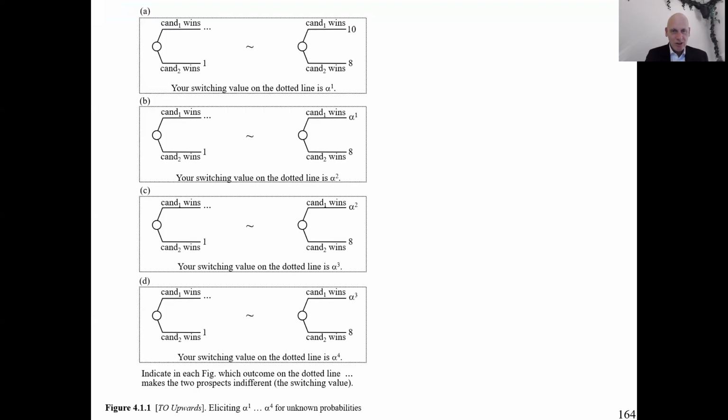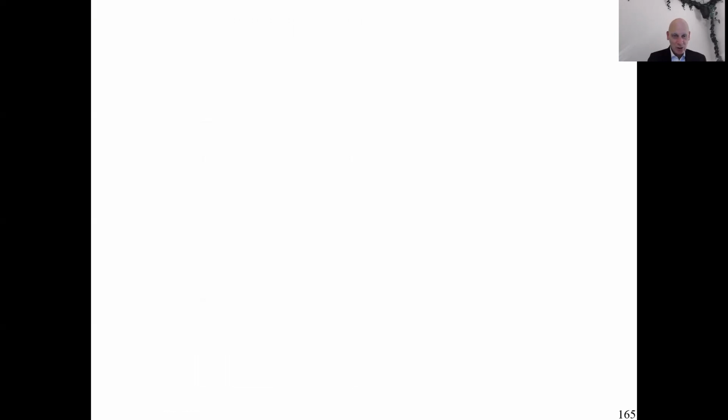So I'm going to remind you of the experiment. Here you see the measurement of the alpha, the first figure that you filled out. You had to find alpha 1 up to alpha 4, keeping you indifferent in all these panels. And there was candidate 1 and 2, one of the two was winning. You remember the situation. We're going to analyze it now using rank-dependent utility for uncertainty. I repeat the first two panels, figure 1A and B, the measurement of alpha 1 and alpha 2.